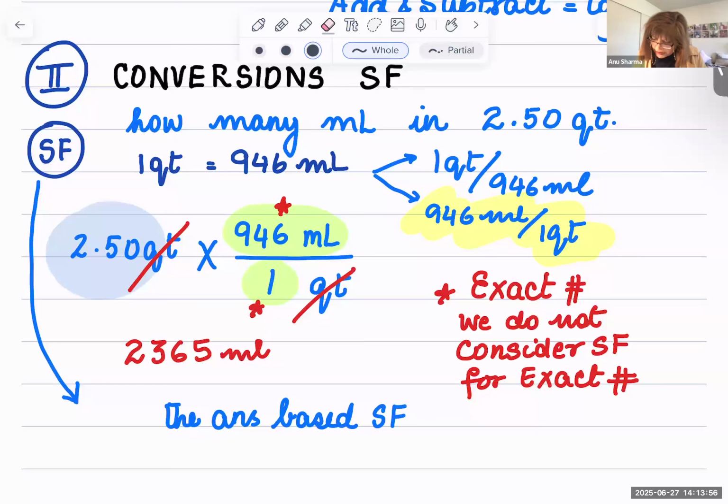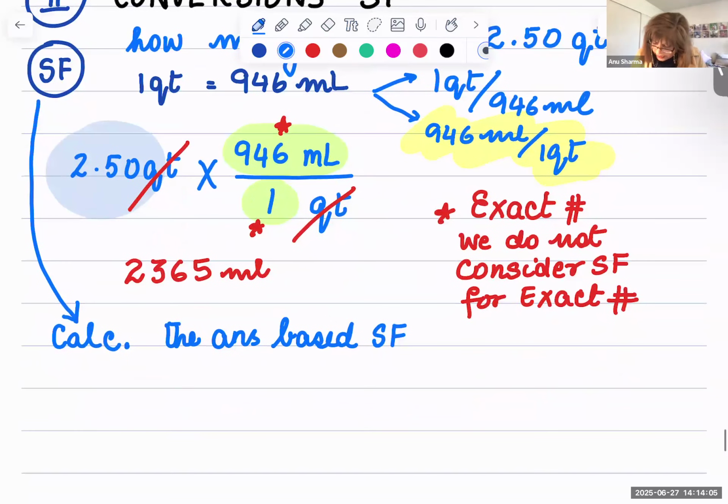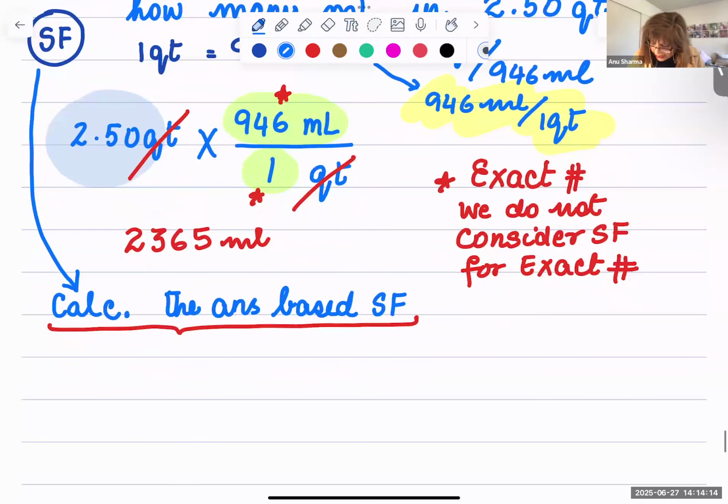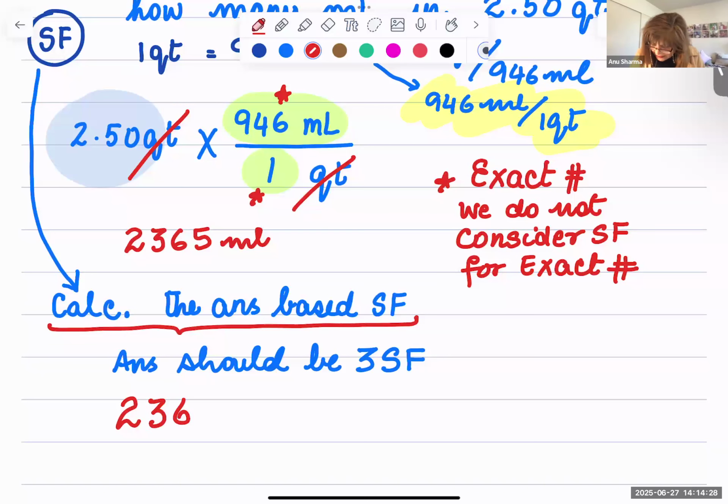But we will have to rewrite this number to meet this criteria. According to the rules, our answer should be three significant figures, right? And we have here 2, 3, 6, 5.